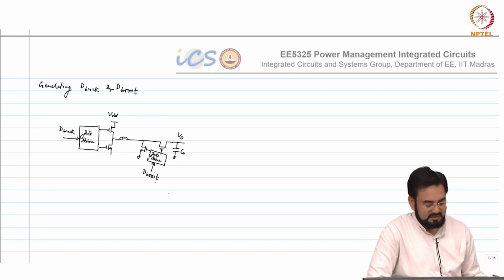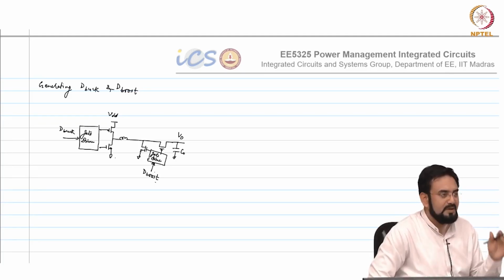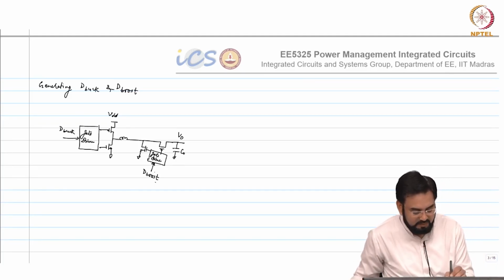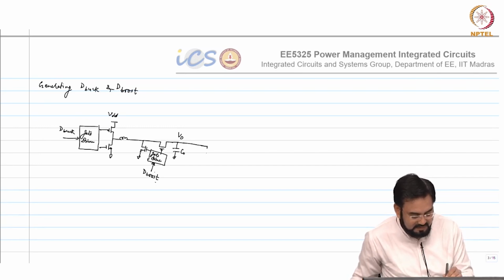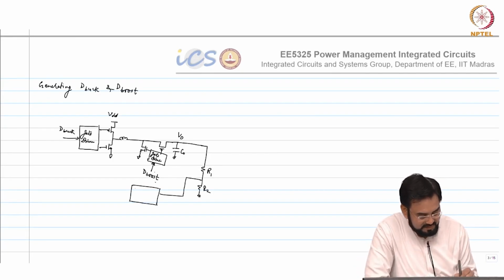Okay. So how do we generate these two? So let's say in the case of buck, now you have output. So let's say I have this feedback resistor R1, R2, then you have your error amp with compensation.